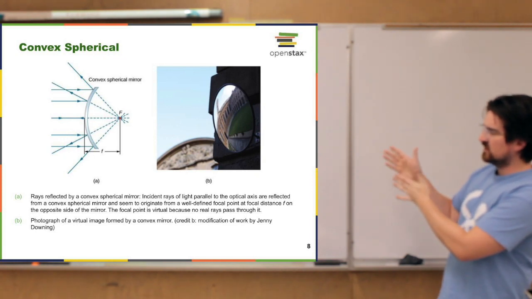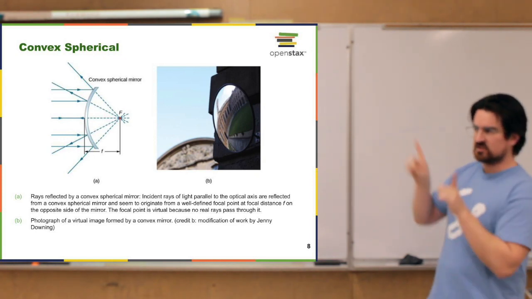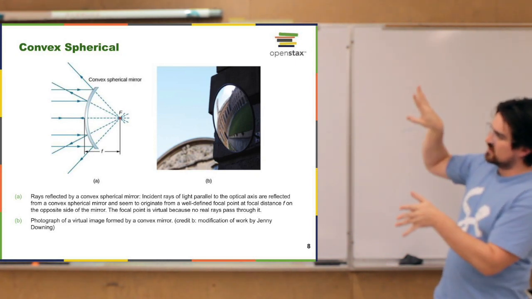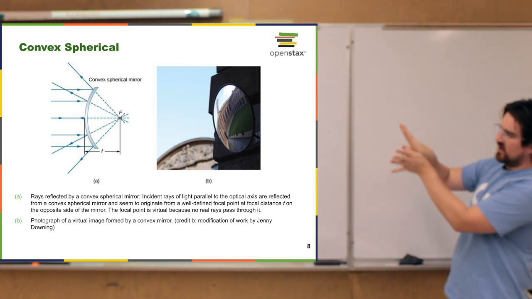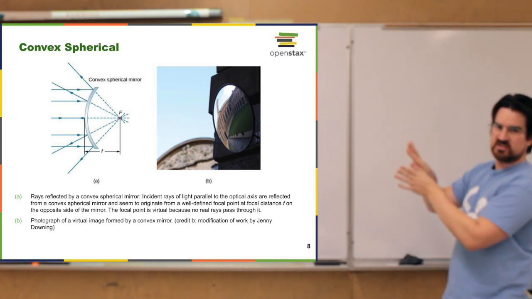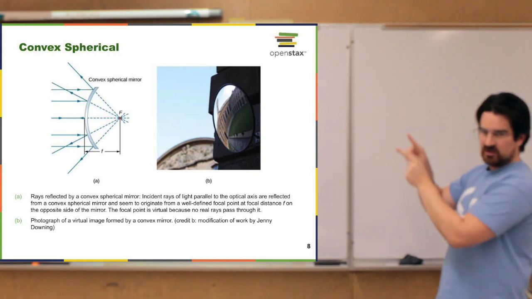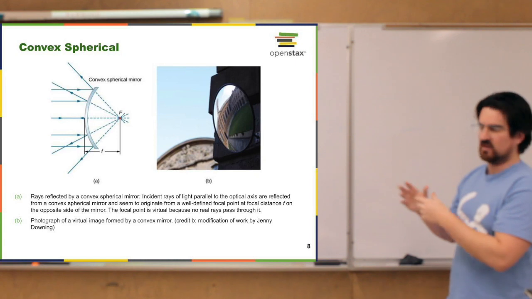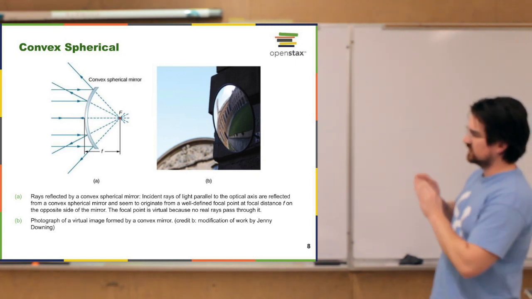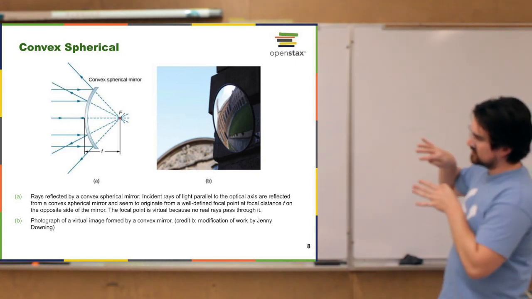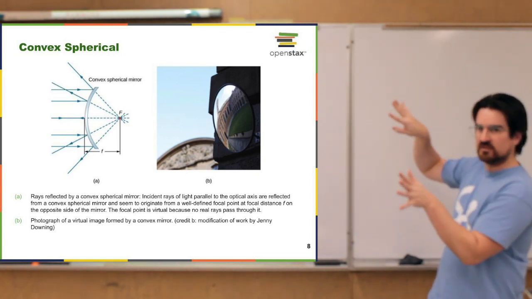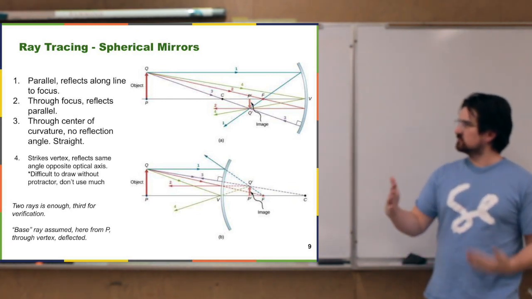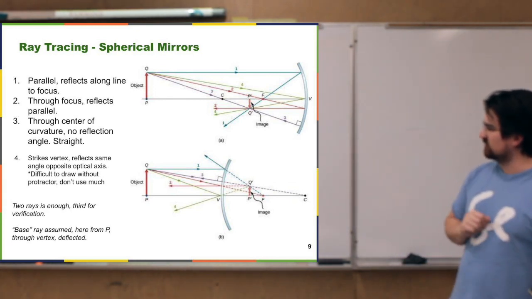For the convex mirror, the light rays that come in parallel are reflected back out in a sprayed-out manner, such that if you were to project them onto the other side of the convex mirror, they would all cross at one point, the focus of that mirror. So essentially when those parallel light rays come in, they get reflected as if they come from the focus of the convex mirror.